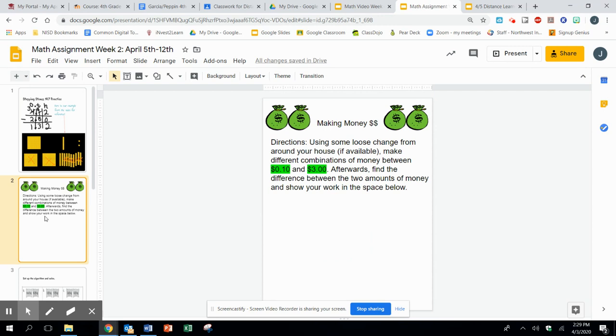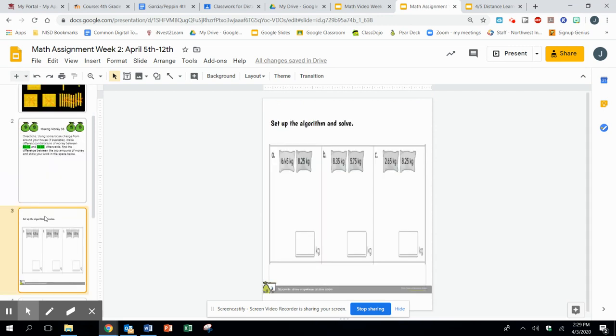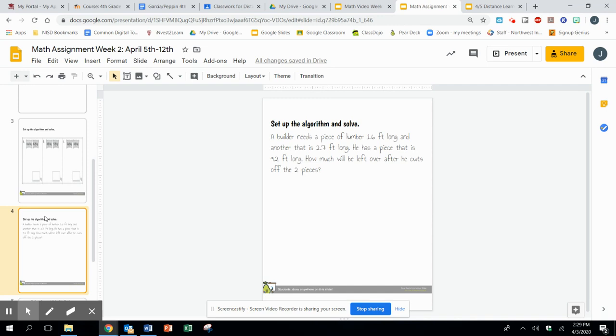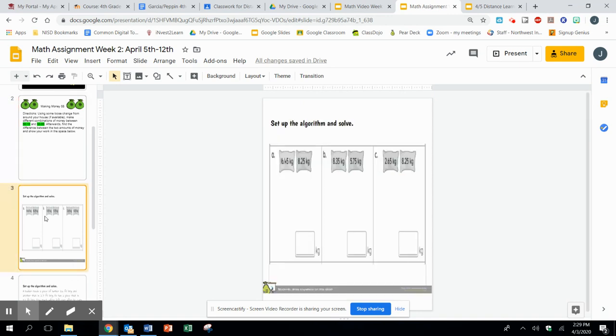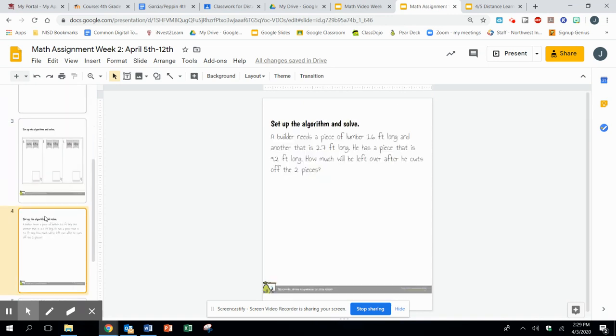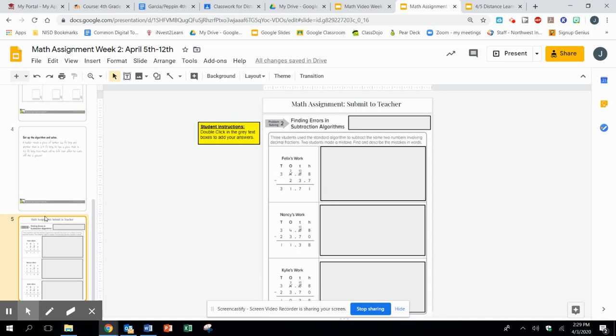Slides 2, 3, and 4 are all going to be warm-up activities. Slide 5, the very last slide, is going to be your mandatory assignment.